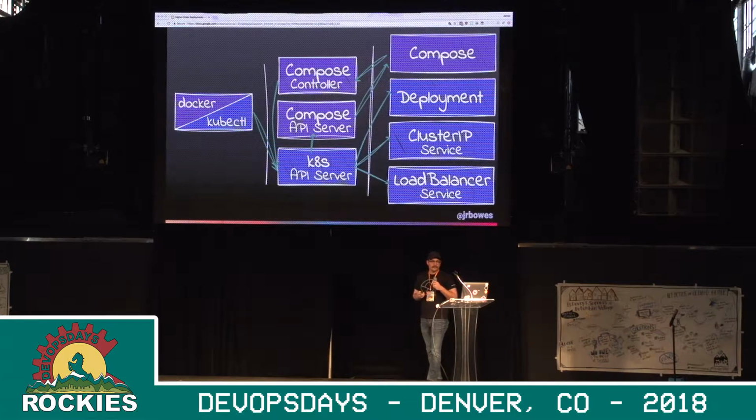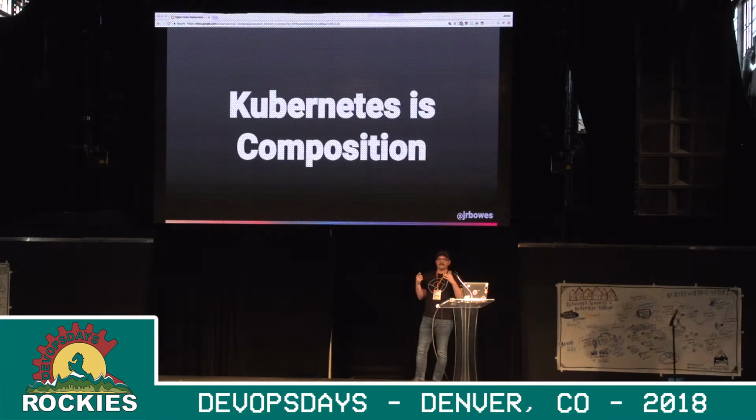latency for the game. So some things we took out of this was that Kubernetes isn't just an orchestrator. It is composition, right? All of the pieces start with some base piece and add on top of that, either through usage or actually through building.